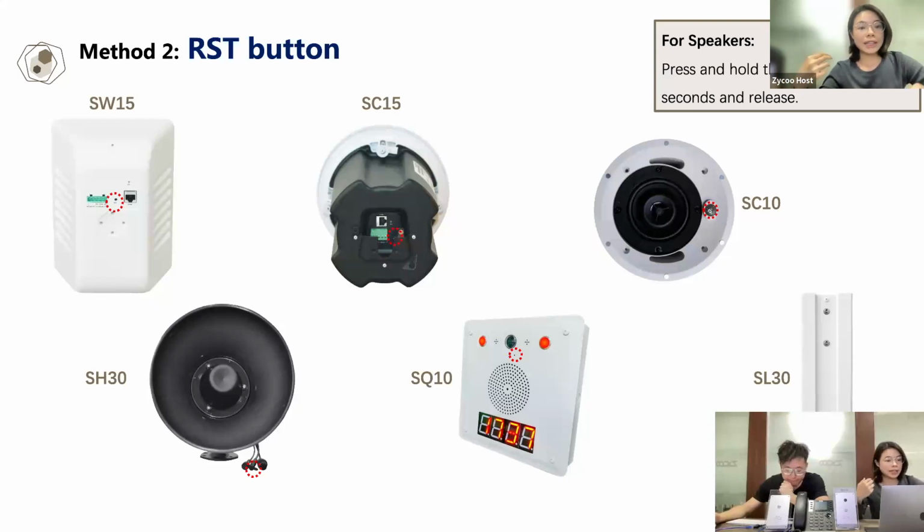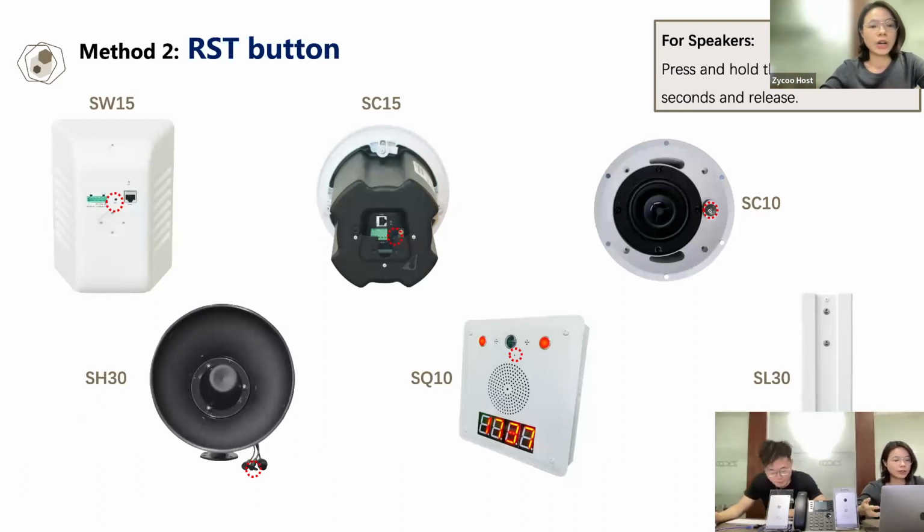If you have a new installation with a bunch of speakers, like 50 or 100, we recommend using the ZCAE tool instead of pressing and holding the button on every speaker. The speakers use DHCP by default for the IP method. Unless your network doesn't have a DHCP server, in which case it defaults to a static IP, 1.101.